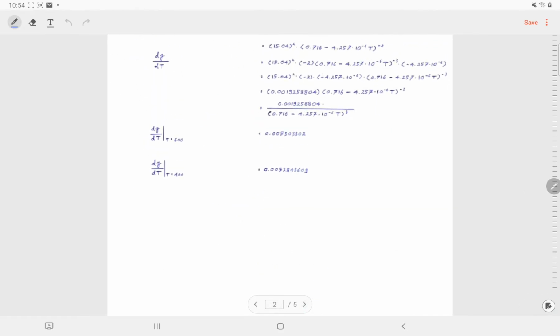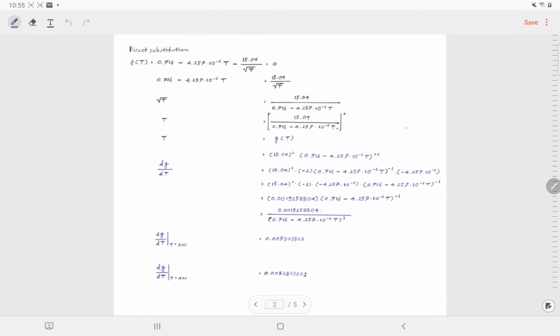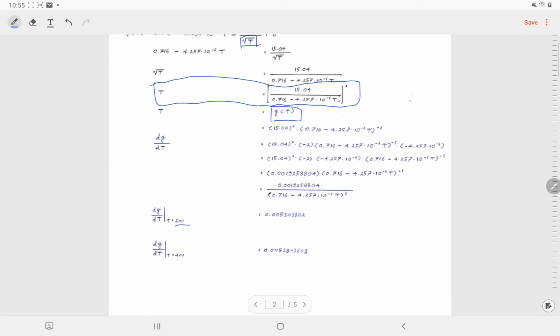On the next one, on the other hand, if you use the T from the square root, from the denominator of this 15.04 divided by the square root of T, then you basically just take the square of the right hand side, and you figure out the derivative of this g with respect to T. Then you find that at 600 and at 400 this will be less than 1.